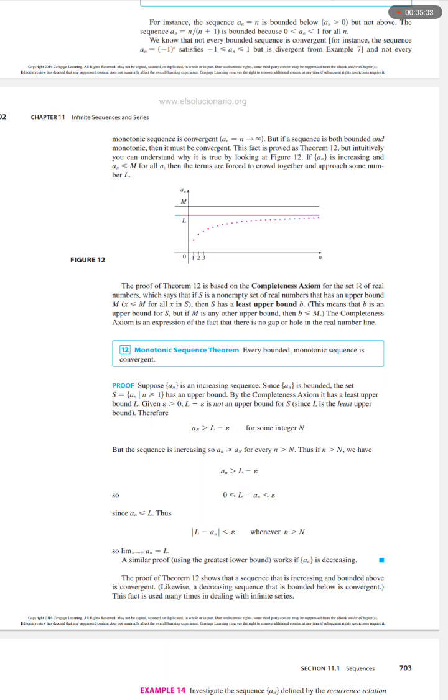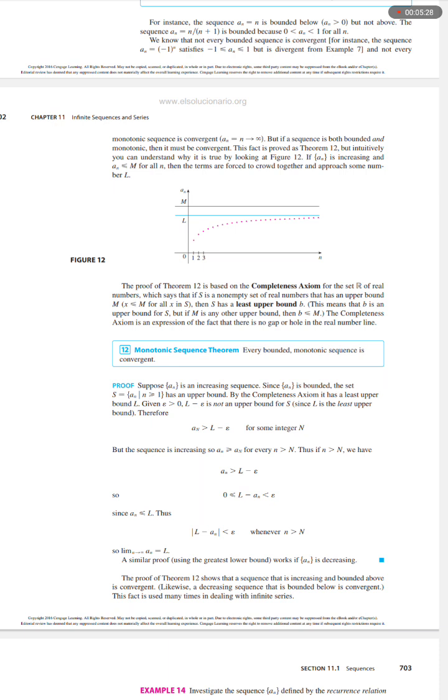We know that not every bounded sequence is convergent. For instance, the sequence a_n = (−1)^n satisfies a_n greater than or equal to −1 and less than or equal to 1, but is divergent from Example 7.